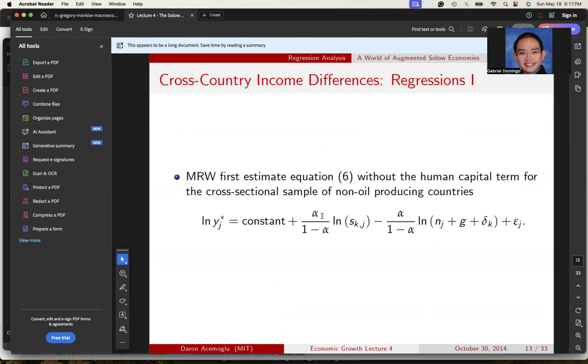Whereas alpha is the share of capital in output, which is the coefficient of the Cobb-Douglas production function on capital. So all of these can be estimated using actual data. In fact, this is what MRW, where M stands for Mankiw. So this is one of Mankiw's most important papers here, trying to test the Solow growth model using actual data.